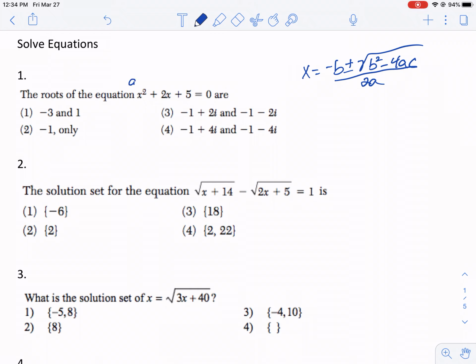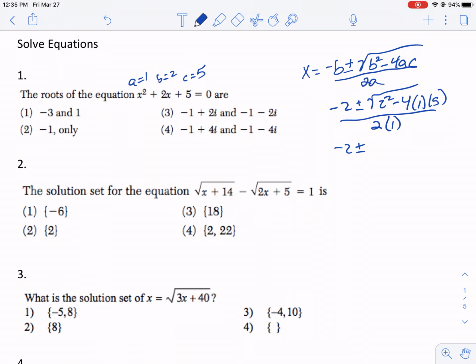Alright, so my a is 1, my b is 2, and my c is 5. So negative 2 plus or minus the square root of 2 squared minus 4 times 1 times 5, all over 2 times 1. Clean up the radical. 2 squared is 4. 4 minus 20 is negative 16 over 2.